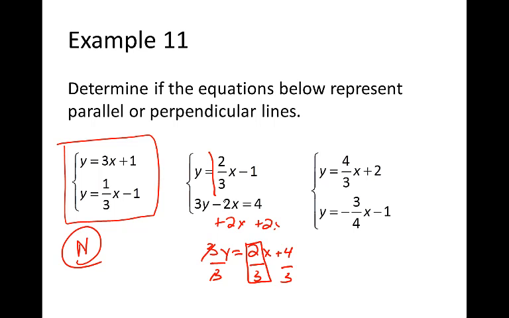Slope of the first equation is 2/3. These lines are parallel. Let's say parallel here. How about this third set? They're definitely not the same. They're opposite signs. Are they negative reciprocals of each other? They are. This one has a slope of 4/3. This one has a slope of -4/3. So these lines are perpendicular.